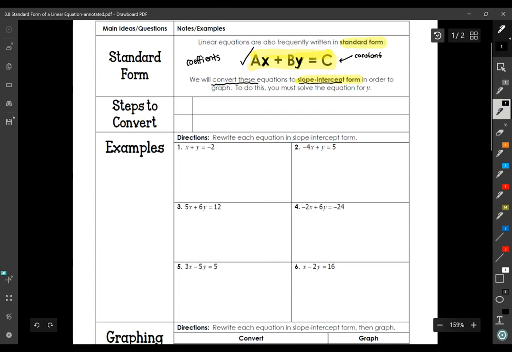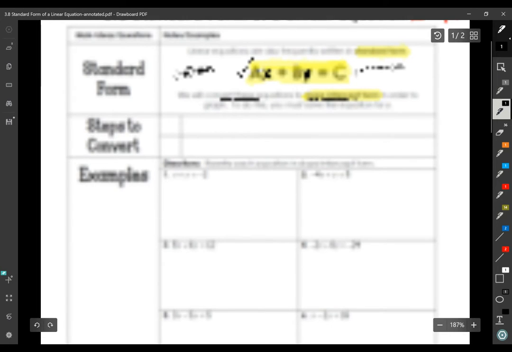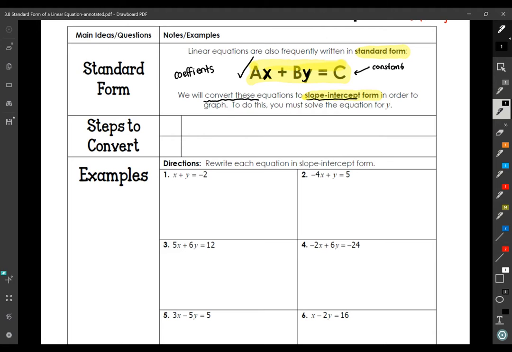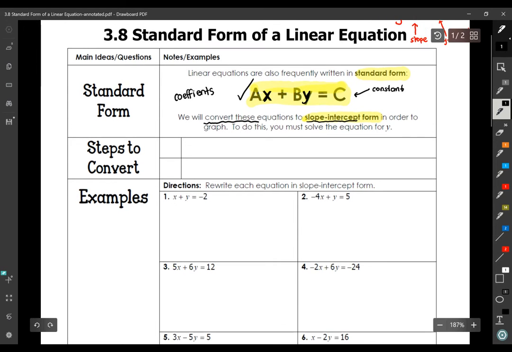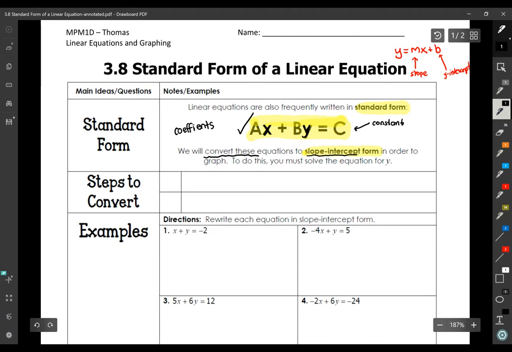Okay, so let's go over the brief steps to convert from standard form to slope-intercept form. I'm just going to remind you guys, slope-intercept form is rearranged and isolated for the variable y, isn't it?